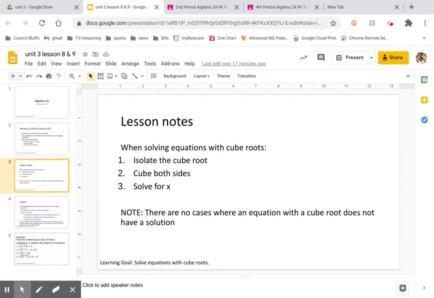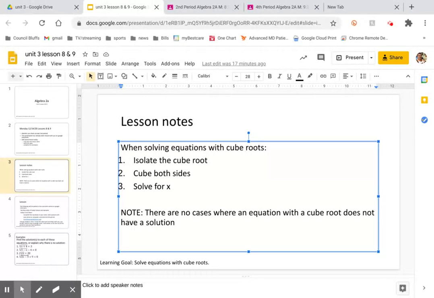The big difference is down here. We talked about in the previous lesson how if you end up with the square root of something equals a negative number, that type of equation does not have a solution, because you can't take the square root of a number and have the answer just be negative.